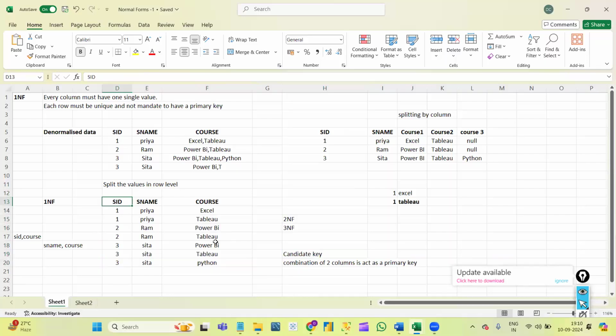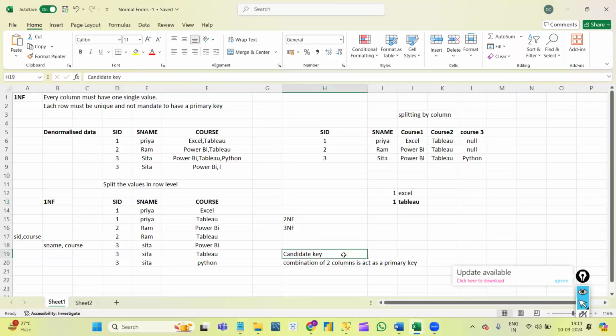But what a candidate key actually means is, if we consider two columns together, whenever we take any two columns, those two columns together should act as a primary key. I mean, whatever a primary key will do, all the same functionality it will also do, but here there should be a combination of two columns.